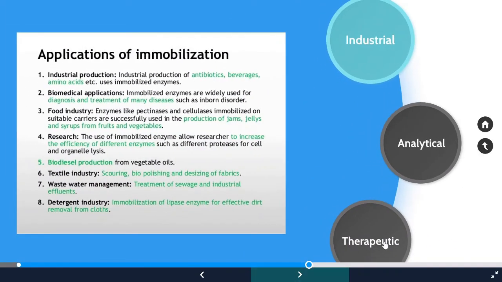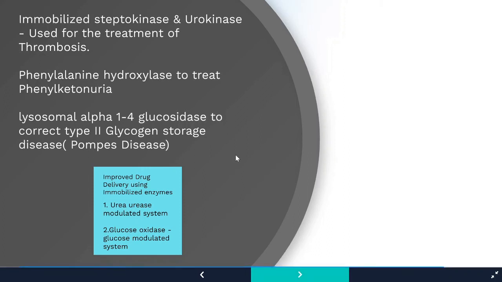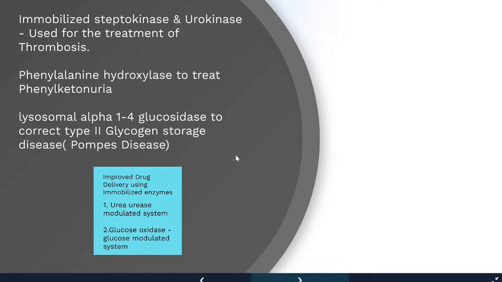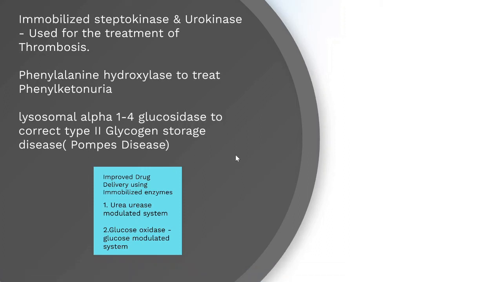And then coming to the therapeutic applications. So we have many therapeutic applications using these immobilized enzymes, as we have several limitations for the direct use of the enzymes for therapeutic purposes.